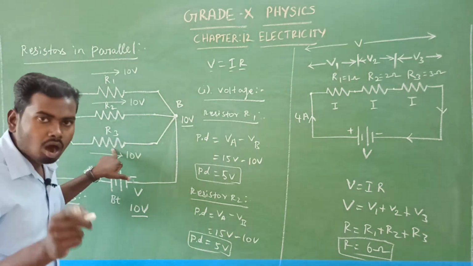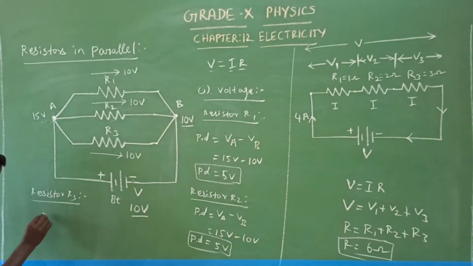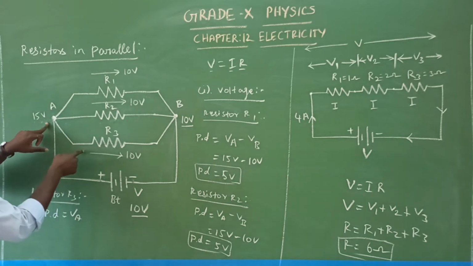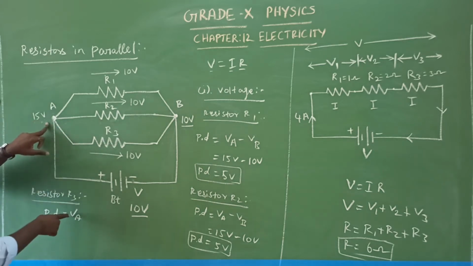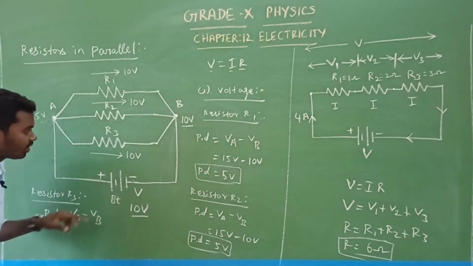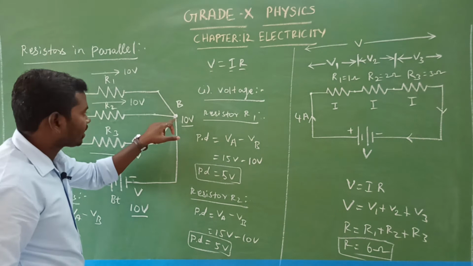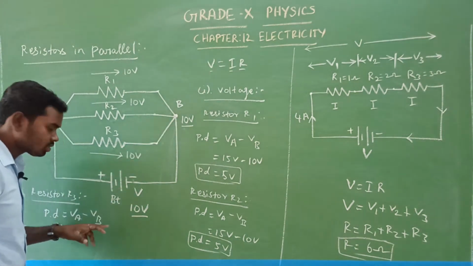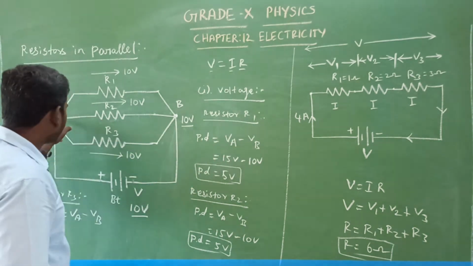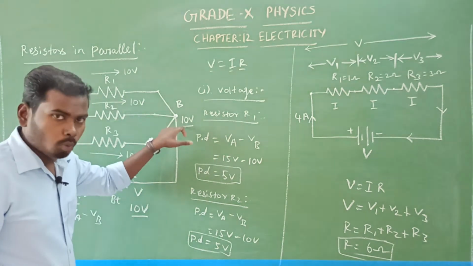So potential difference is equal to VA, because one end of the resistor is connected to the point A, minus VB, because the other end is connected to the point B. We always subtract from high potential to low potential. A is high potential and B is low potential.